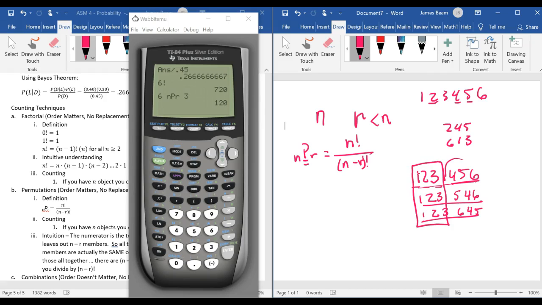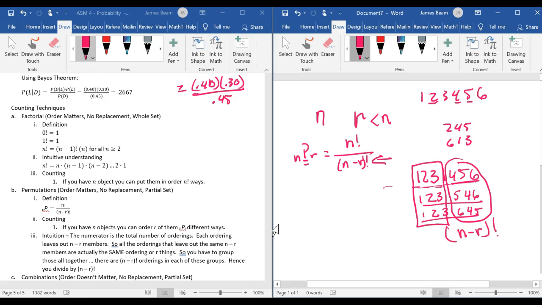Well, how many different ways can I order the last 3 balls? Well, that's n minus r factorial different ways. So I group these n minus r factorial groups together, and that's why I'm dividing by that here, right? So this is all 6 balls, and then the number of groupings that are the same because the last numbers don't matter is the denominator there. All right, so that's permutations.